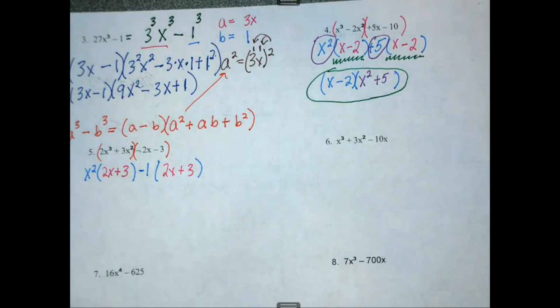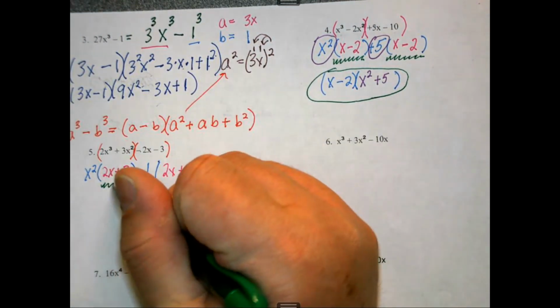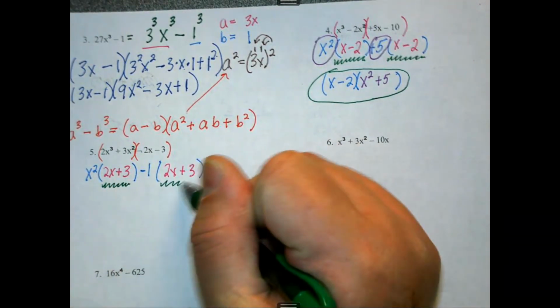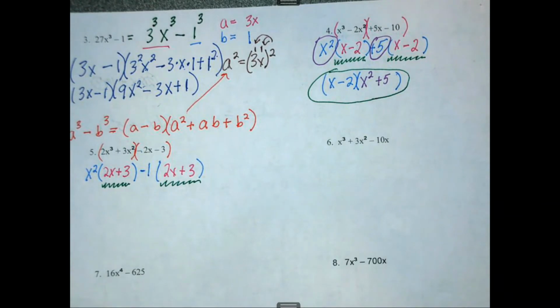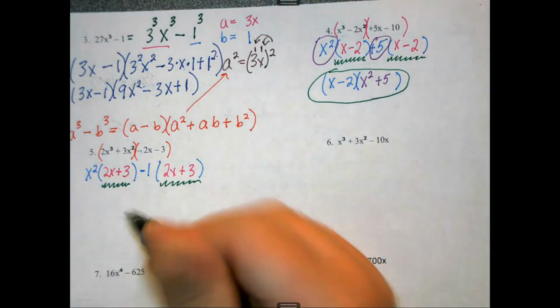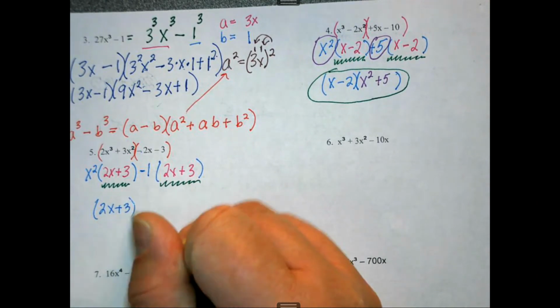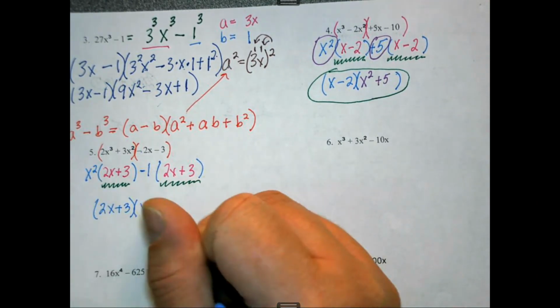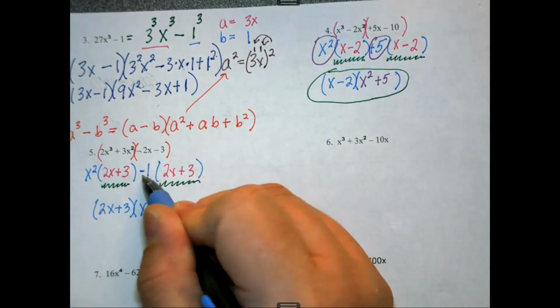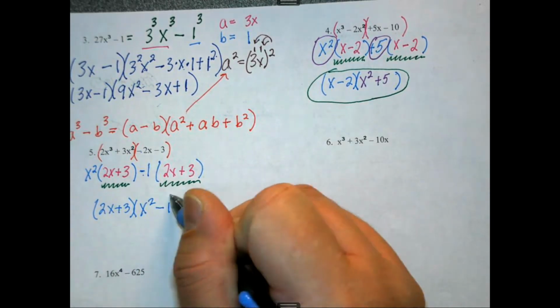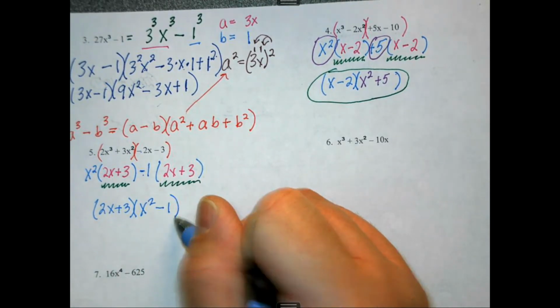And there's my same quantity, right? And we put the -1 and 2x into their own parentheses. So I have 2x plus 3 and x squared minus 1. Am I done?